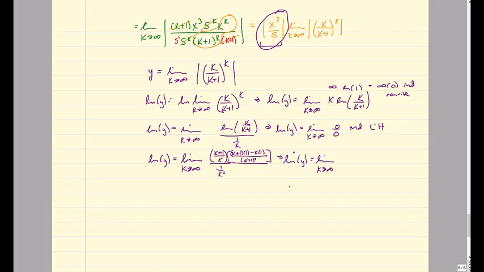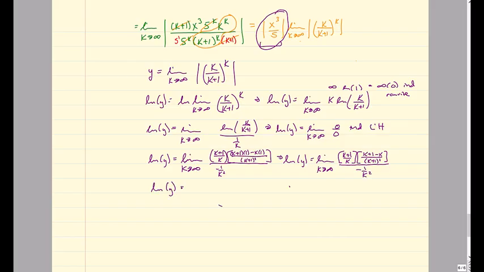So I'm left with k plus 1 over k, and then on the top I'm left with k plus 1 minus k, all over k plus 1 quantity squared. And of course this is negative 1 over k squared still, so we're still rewriting.